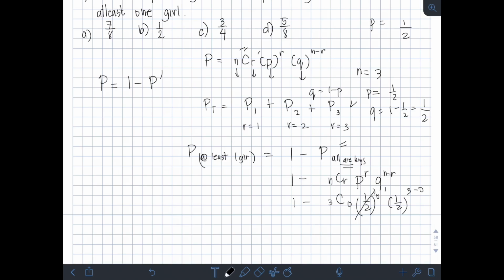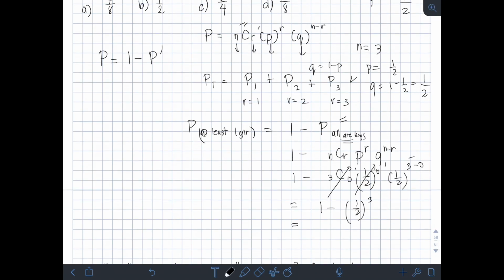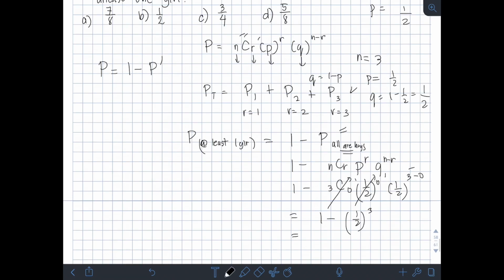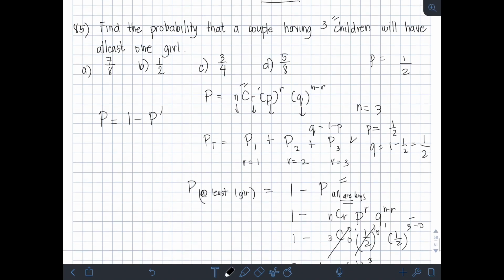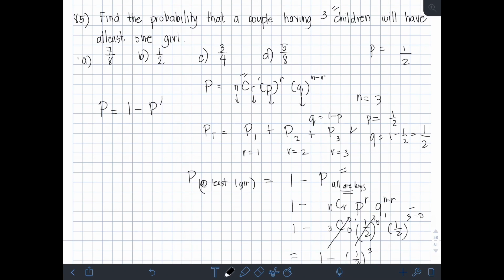So, parang cancel na lang natin. Actually, ito rin, 1 lang din. So, parang matitira is 1 minus 1 half raised to 3 minus 0 or 3. So, ito yung compute natin sa calcu. 1 minus 1 half raised to the third power. So, the answer here is 7 over 8. So, the answer is letter A.